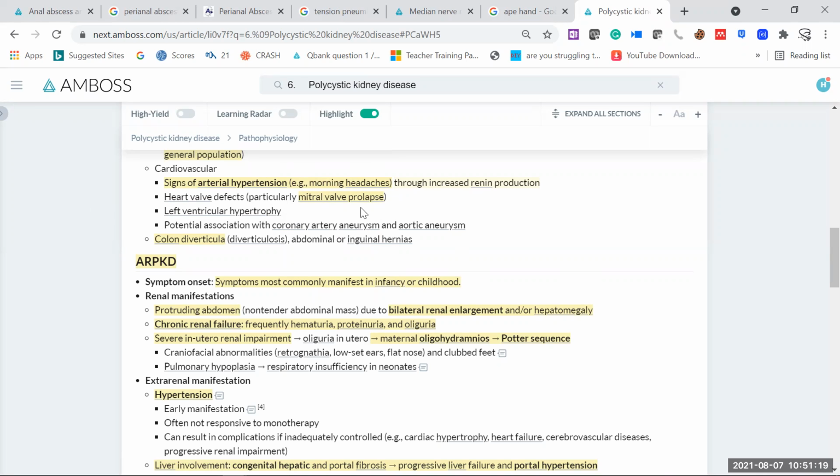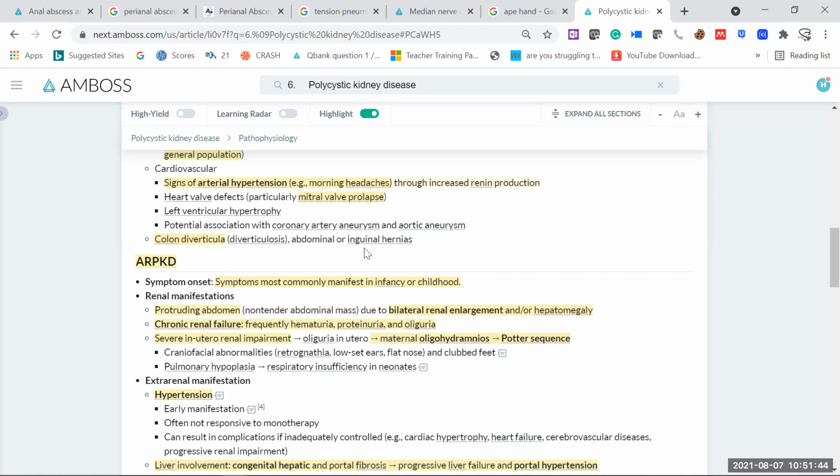If a patient has this, you can think about the correlation: those with polycystic kidney disease can present with mitral valve prolapse. It's not that mitral valve prolapse is always there, but there is a strong correlation, because clinically we usually see that the patient can present with MVP.